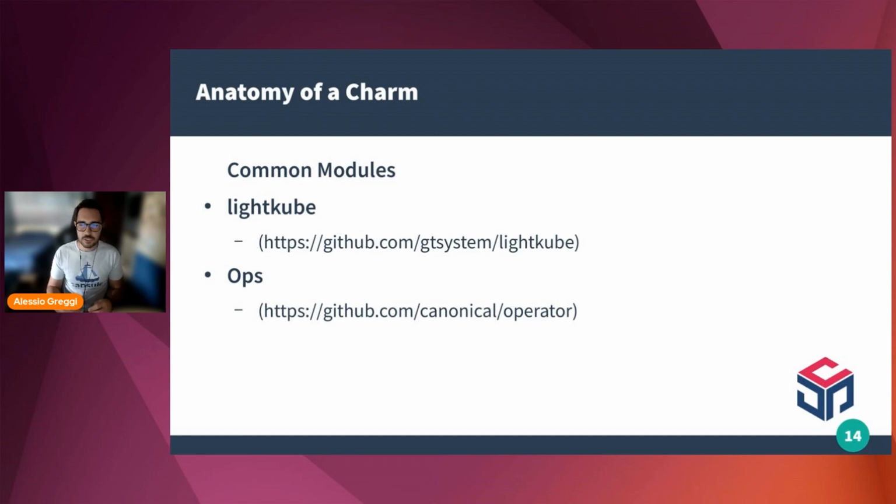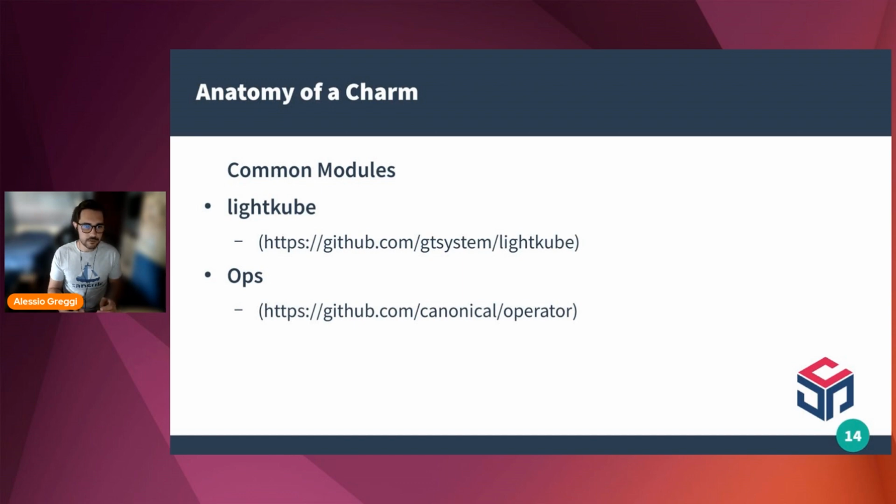So if you need, for example, to create a service or even read some existing resources, you have to use Lightkube. This is not a Canonical project, but it is heavily contributed to by Canonical people.